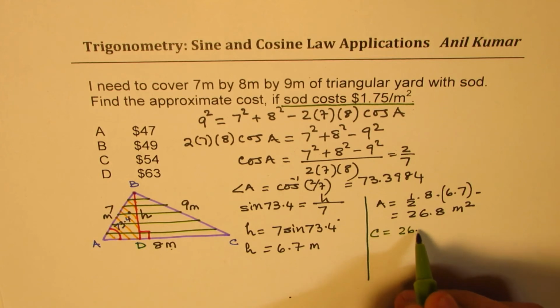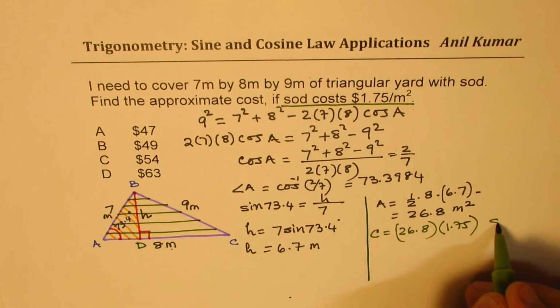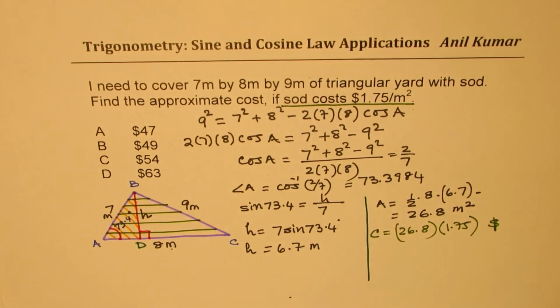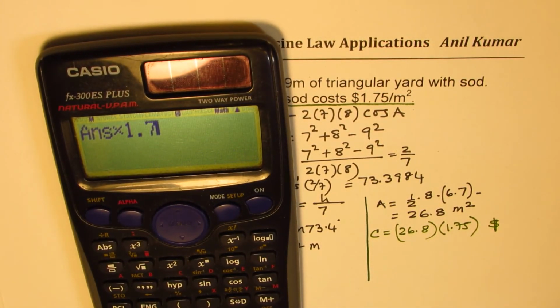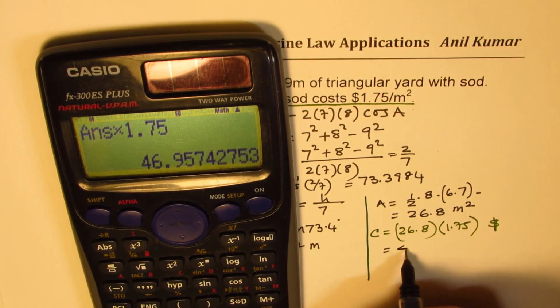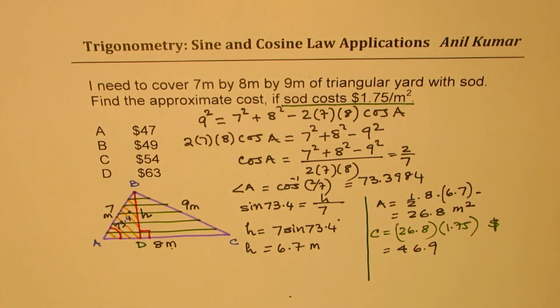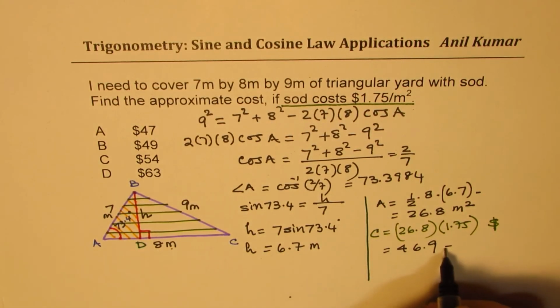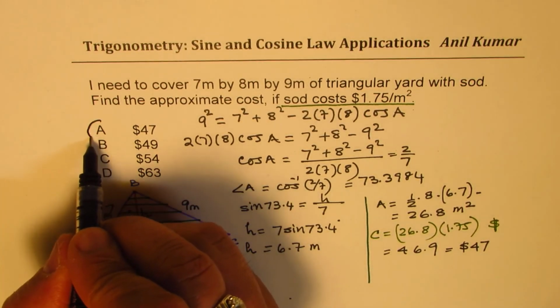So we'll multiply 26.8 with 1.75 to get the cost in dollars. The value is there in the calculator. The answer is 46.9, approximately $47, right? So we get approximately $47, which is our option A.